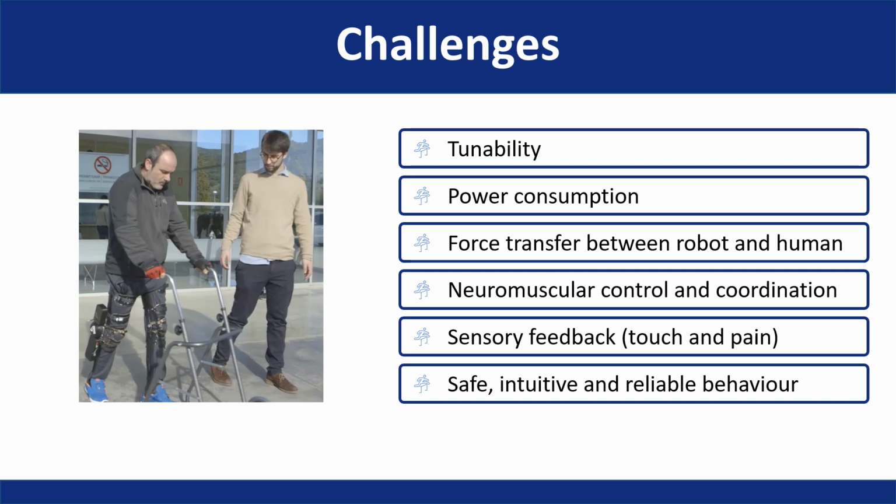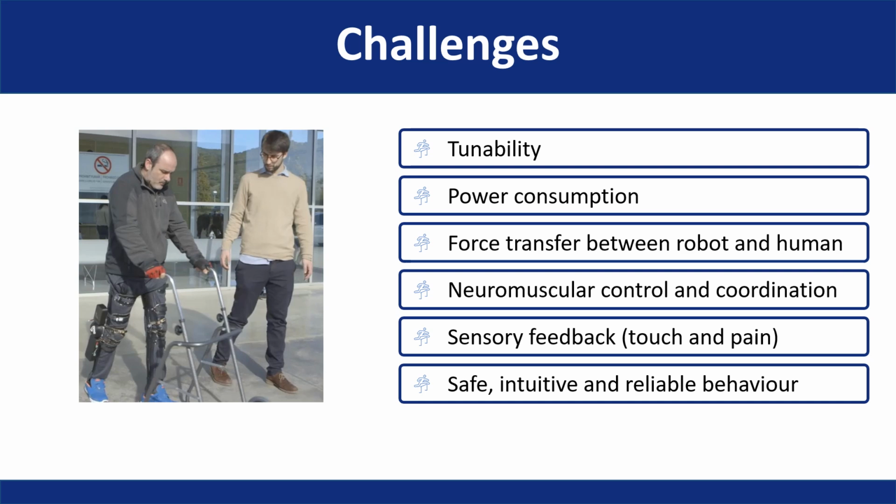And then we have the force transfer between robot and human, which is a very delicate and difficult side of the issue to handle, as force transfer should be seamless and should allow the user to feel comfortable with the robot. Then we have neuromuscular control and coordination.